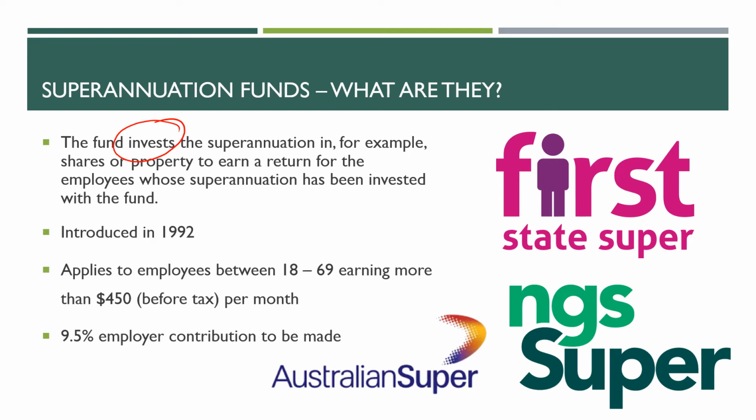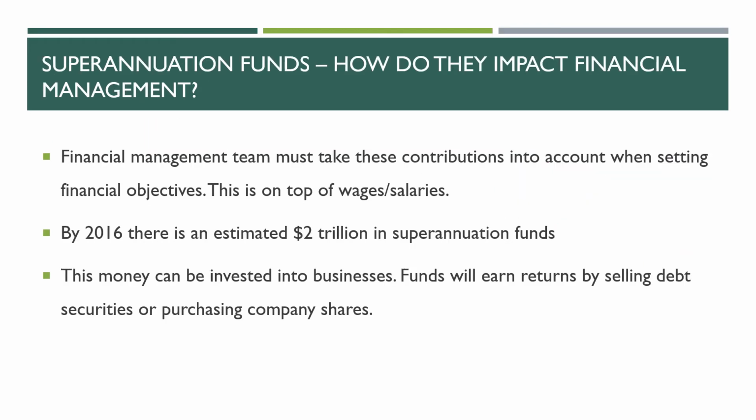The main way that it impacts businesses is through this whole idea of investing. They take the superannuation that's paid by employers and they invest it, and that's really beneficial to businesses. So the main way that superannuation funds impact on the financial management of other businesses is that they invest money into other businesses.